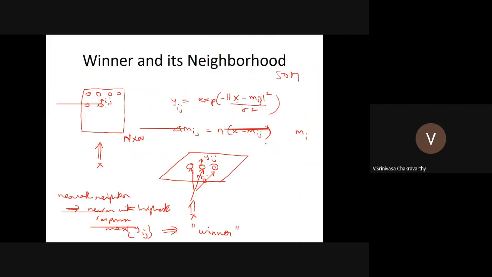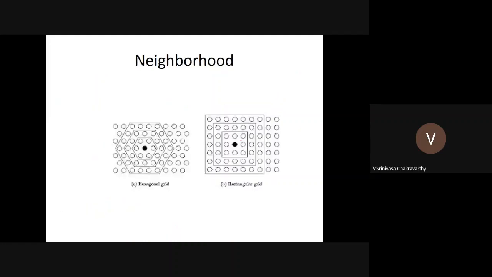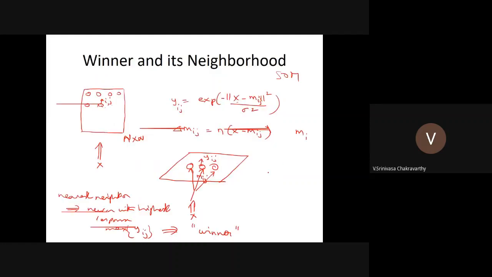So to take care of that, we need to do one more thing, which is when we move a winner. So let us say this is my winner, and I have some neighboring neurons. I'll just draw this a bit dark so that it is clear that it's a winner.